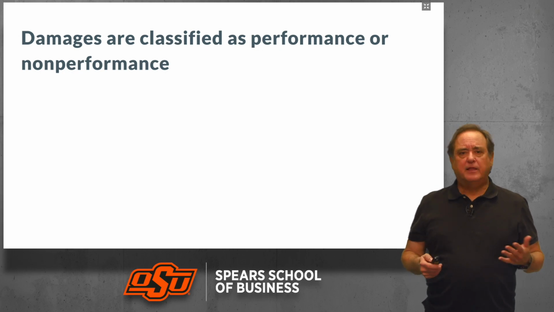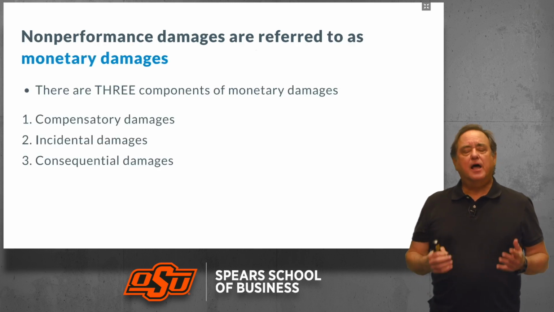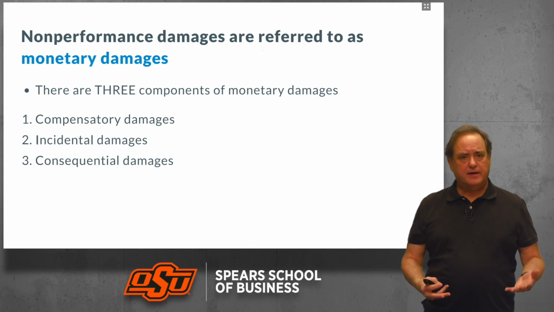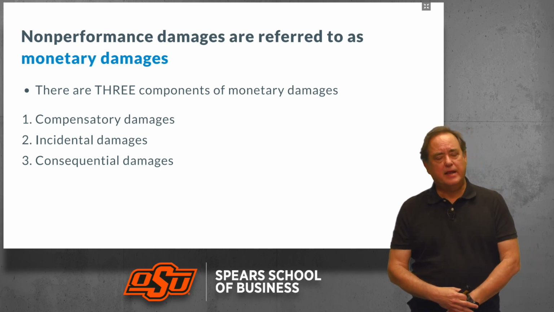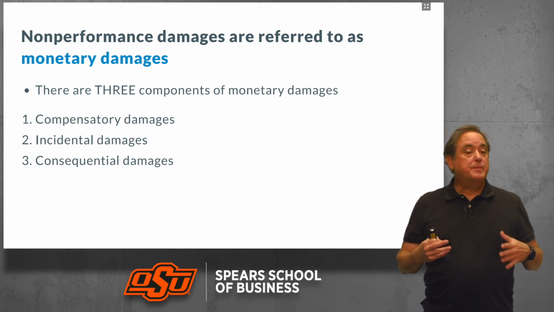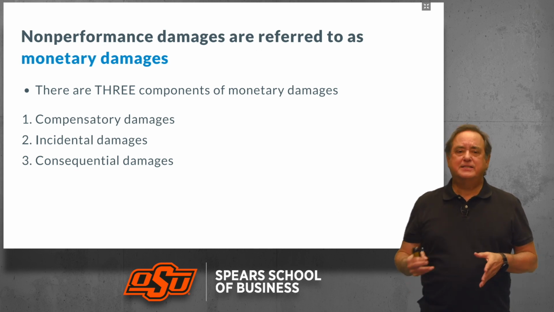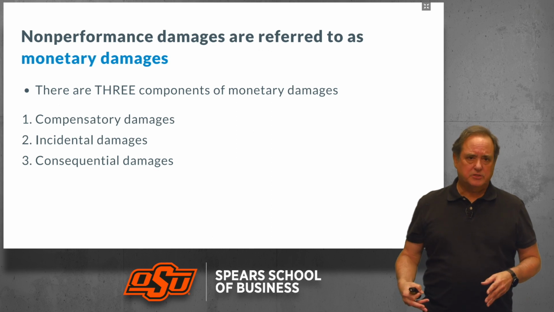So damages may be classified as performance damages or non-performance damages. Non-performance damages, we refer to them as monetary damages, money damages. Now there are three components of monetary damages. The first being compensatory damages, the second being incidental damages, and the third being consequential damages.